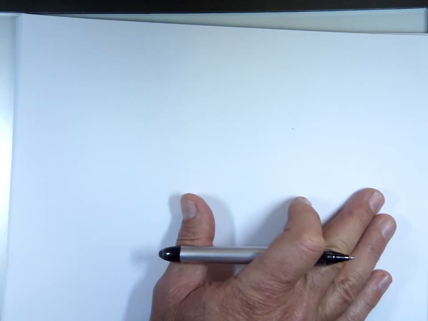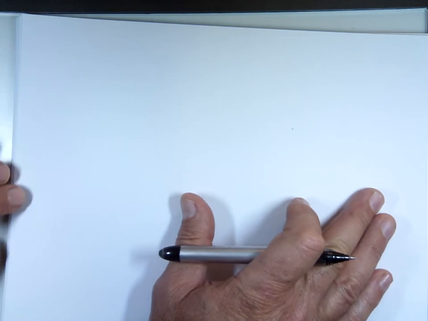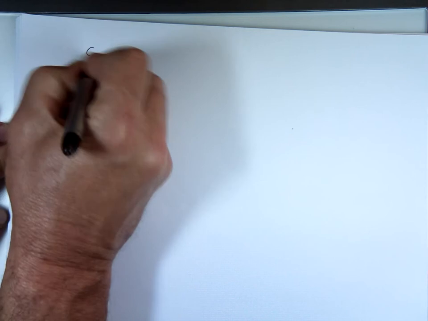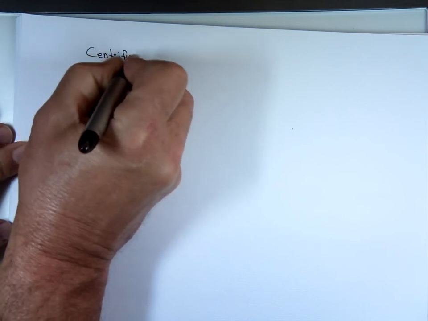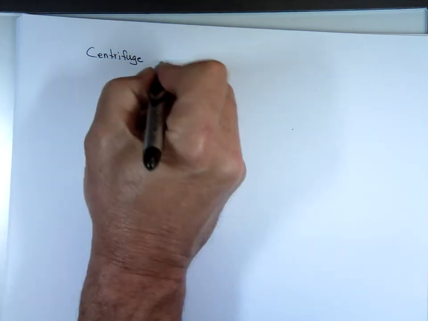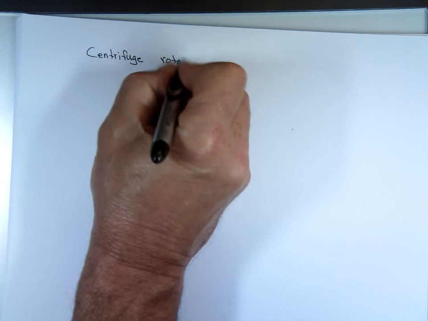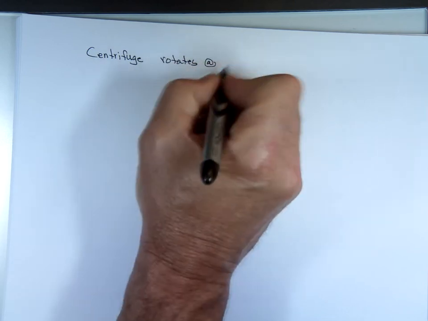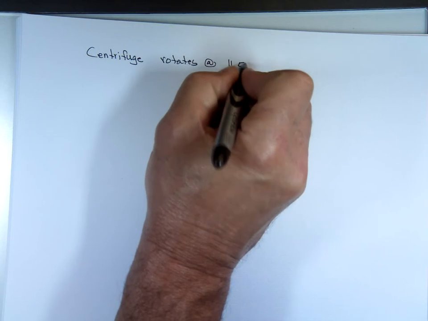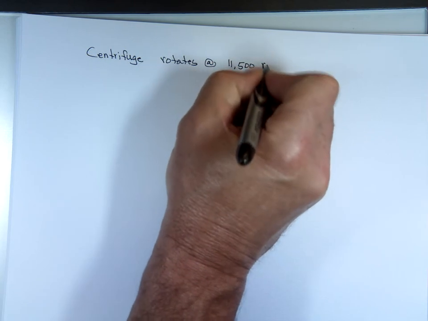So we have a centrifuge here that can rotate at 11,500 RPM. That's an unbelievable speed.